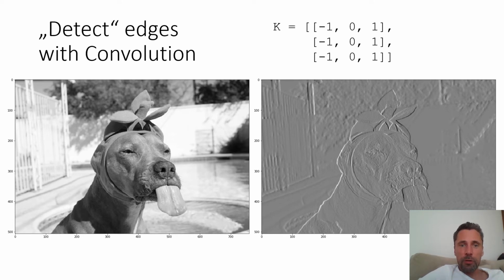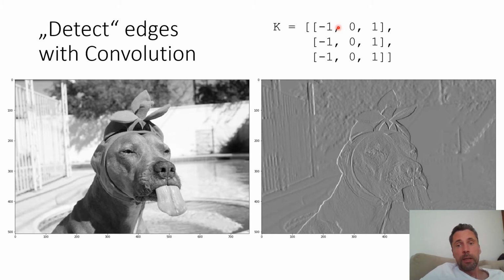But let me show you another kernel that can be used for edge detection. This is basically comparing not the direct image neighbors, but it compares that pixel and the next to the direct neighbor.